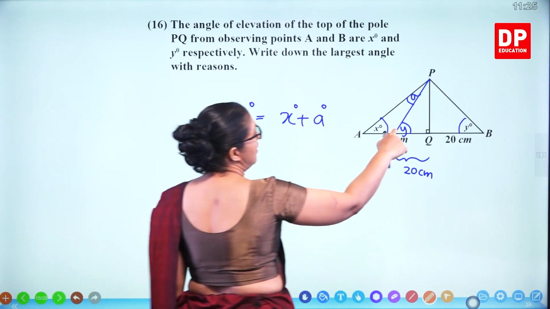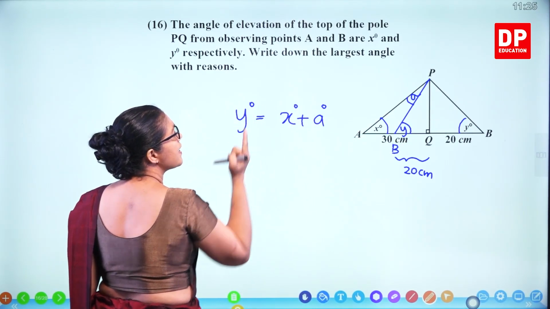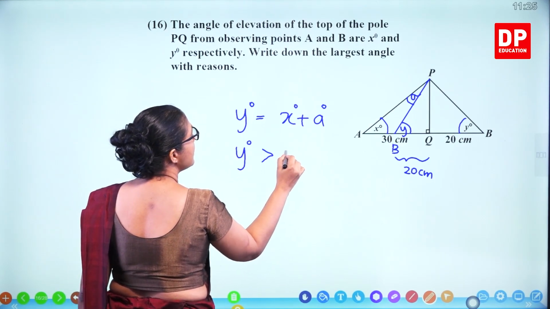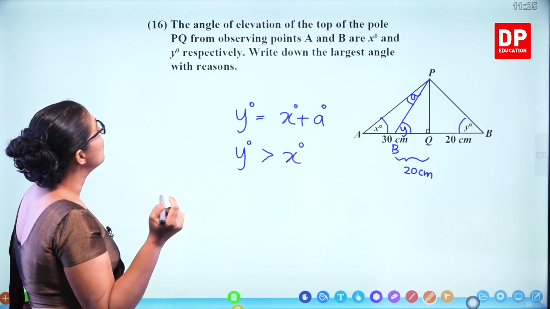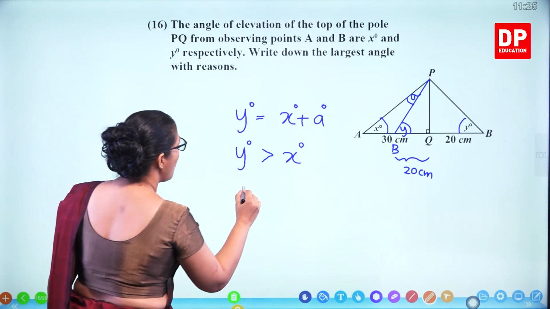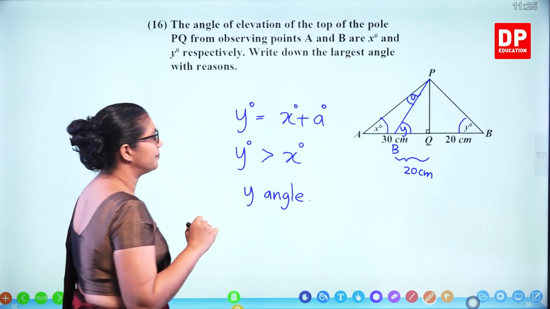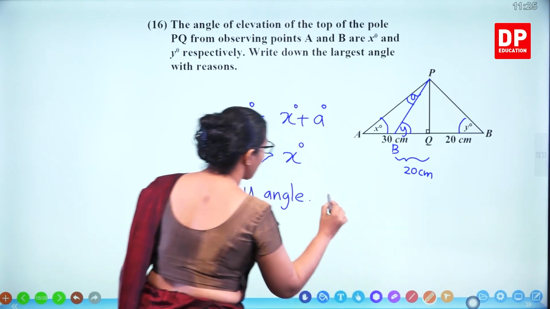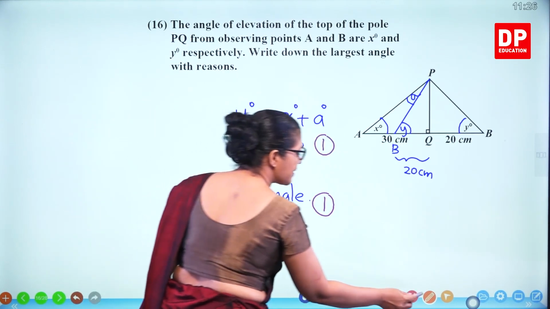So here that means definitely this side is bigger than X. So Y is greater than X angle. So which one is the largest? Y angle. So 2 marks for that. 1 mark for identifying and 1 mark for the reason.